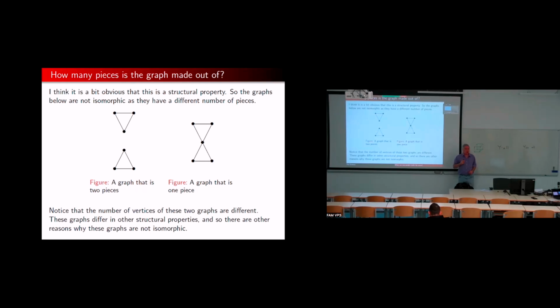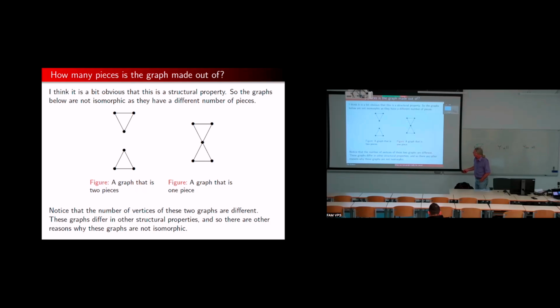The one on the right has 5 vertices and 6 edges. So we could tell that these two graphs were not isomorphic in 2 different ways. And I wanted to point that out because usually when you're thinking about isomorphism, there isn't going to be an answer like a solution to an equation. There's usually going to be many justifications that can be used.